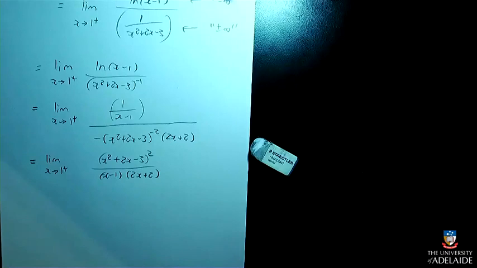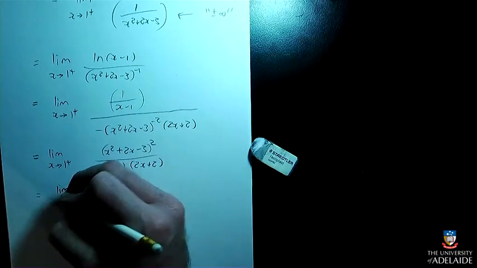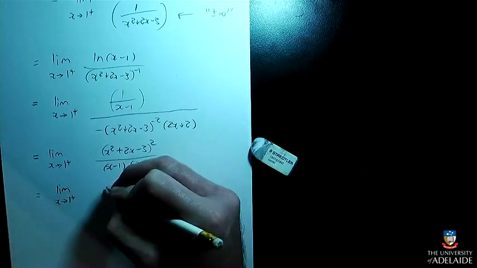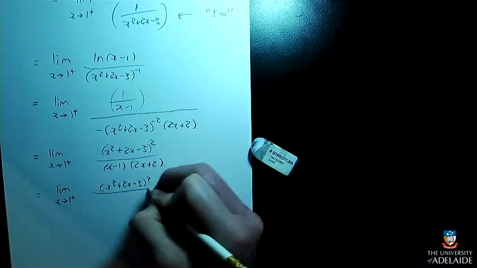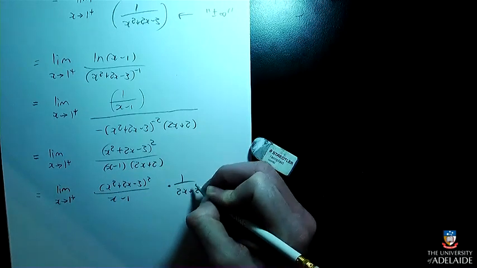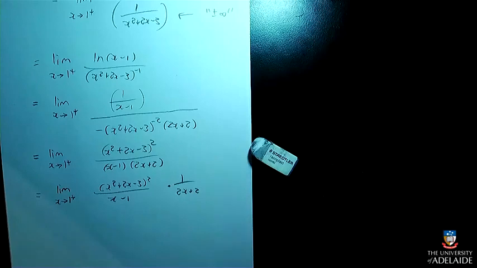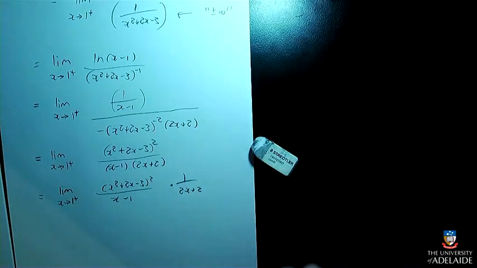Yay. So, in fact, I'm just going to be a little bit sneaky and separate it out like that, because this limit does exist when x is 1. So I can separate them if the limits exist.